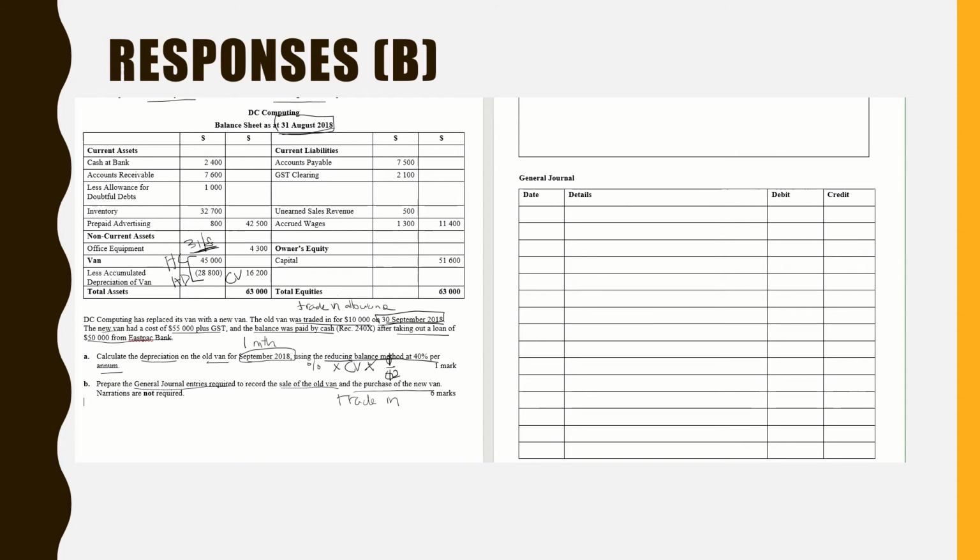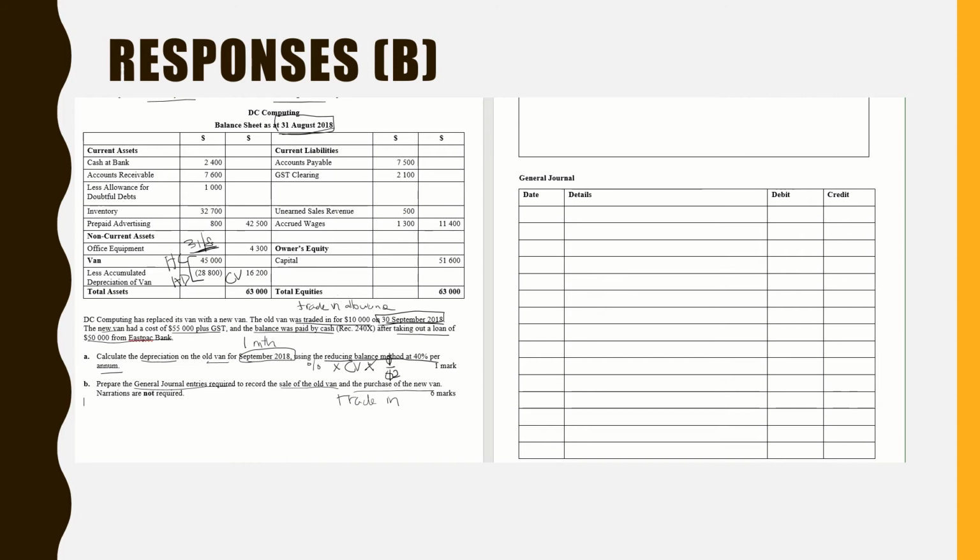You need to consider if there is an additional depreciation that we need to add before we process the disposal. In this case, yes, and we've already been given a hint with question A, because we are given the historical cost and the accumulated depreciation of the old van as at 31st of August.